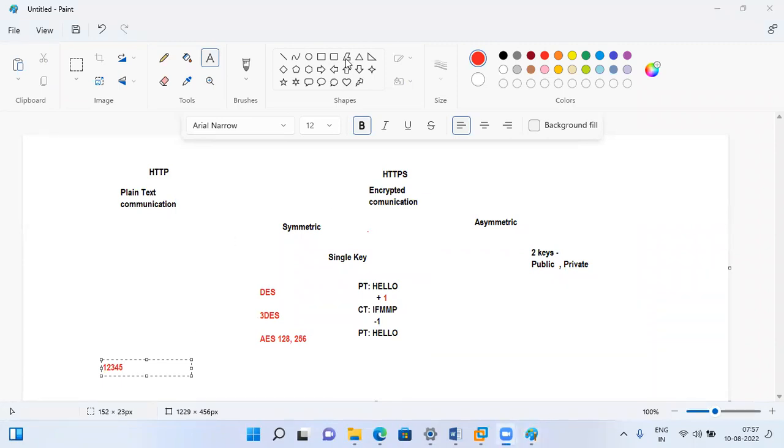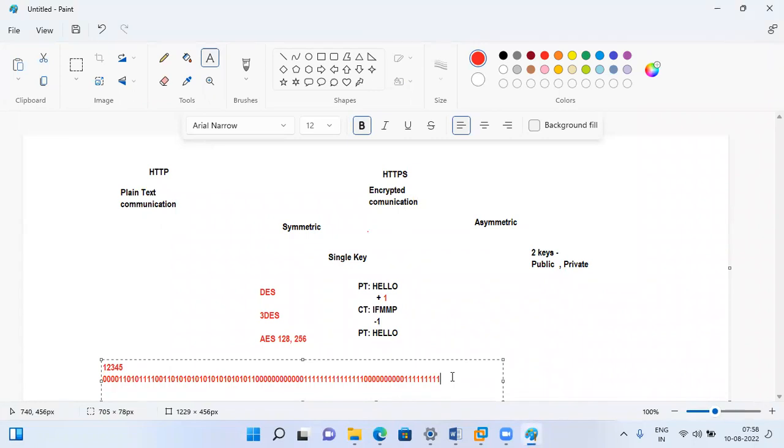It will be easy to remember or it will be not easy to remember. If the key is like this, 128 bits are there. So this one will be easy to remember or tough? What do you think? Second one.